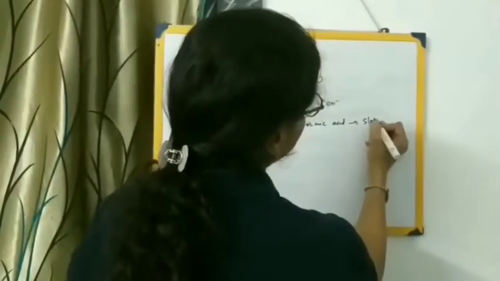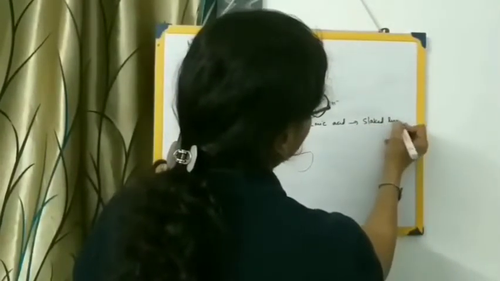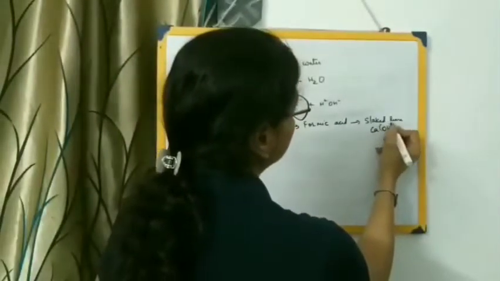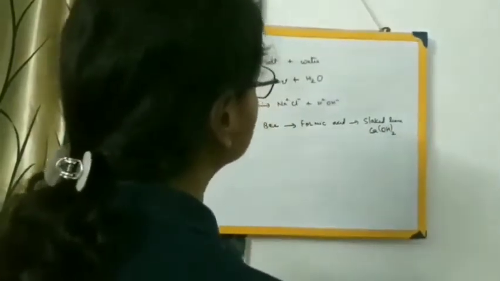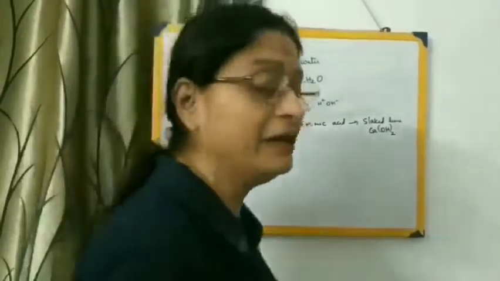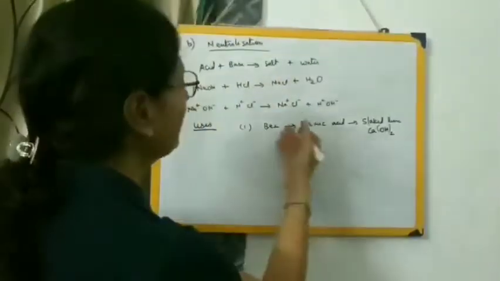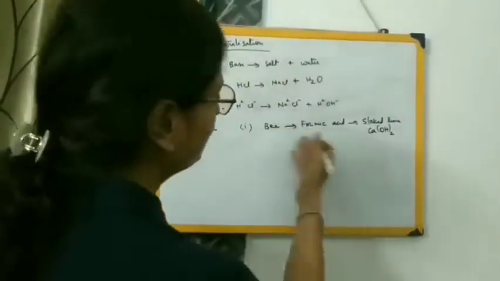We have to apply slaked lime. What is the chemical formula for slaked lime? It's nothing but calcium hydroxide. If we apply calcium hydroxide on our skin, we will be relieved from the pain. So this is an application of a neutralization reaction.